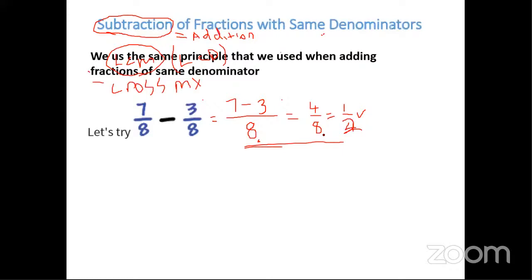Chirabo Drusilla? Teacher, we are not allowed to put the fraction in its lowest terms unless we are told. Remember I told you earlier, when you're converting something, you do not reduce it down.